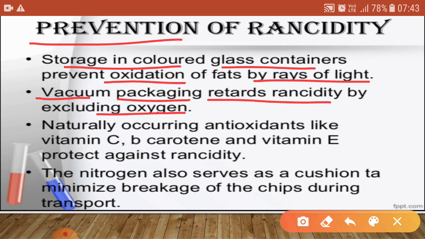Similarly, we can use antioxidants like vitamin C and vitamin E to protect the material from rancidity. Basically, nitrogen gas is filled in potato chips packets so that they do not turn rancid.